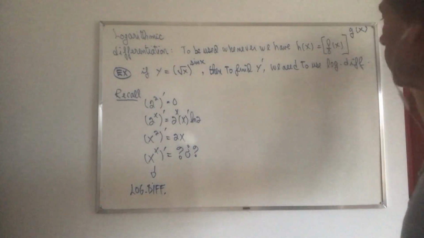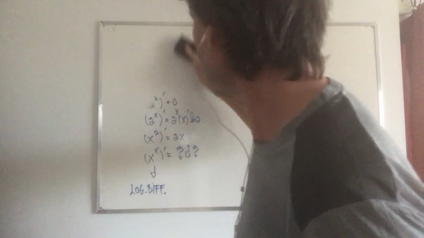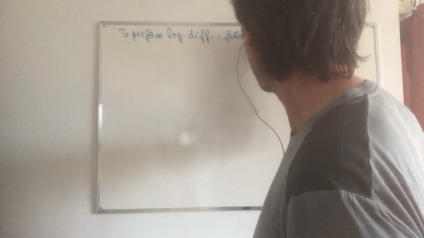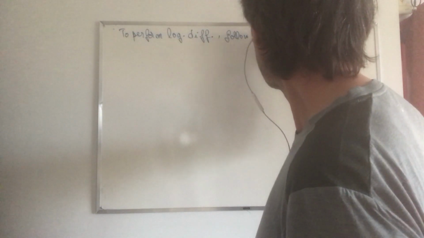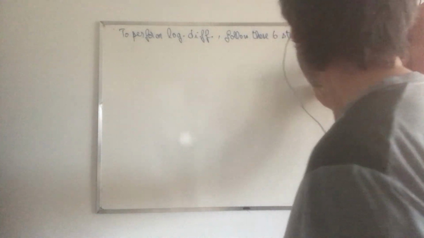Okay, so I'm going to get rid of this and start a new whiteboard. And I will explain the technique involved, which is, like I said, similar, at least in certain regards, to implicit differentiation. So to perform log differentiation, follow these 6 steps.